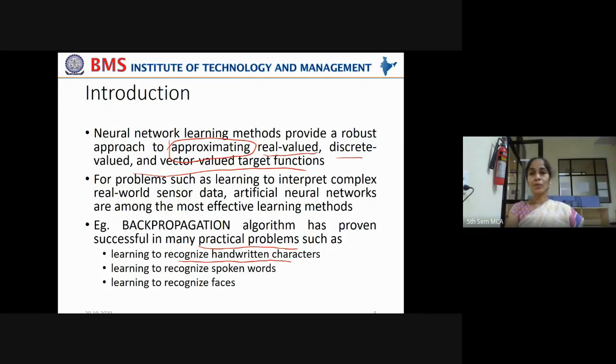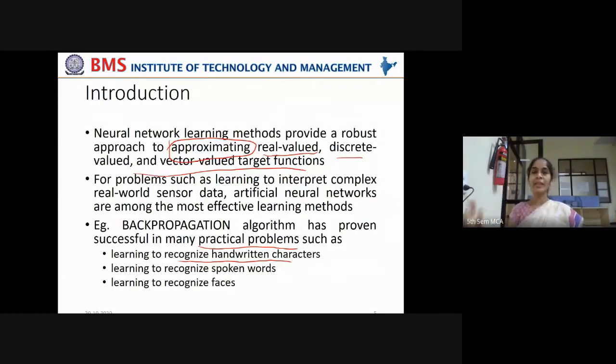Now, in order to make a machine learn from these 100 different ways and predict whether a particular character is a specific number or a letter, that is not a simple task, right? So artificial neural networks will work very well at such kinds of problems.